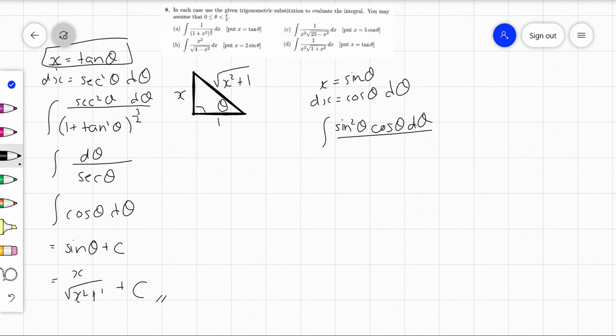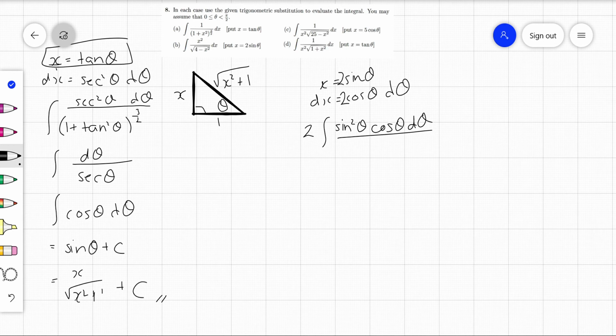Oops, did I write the wrong thing? I did. That should be a 2 sine theta, hence a 2 cos theta d theta.